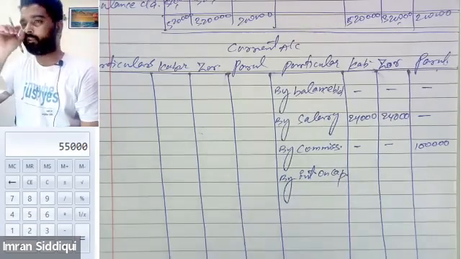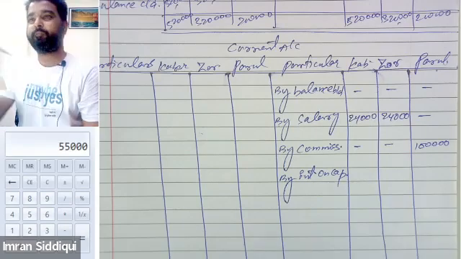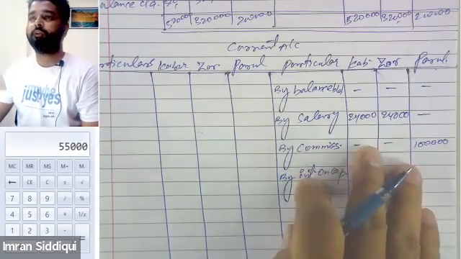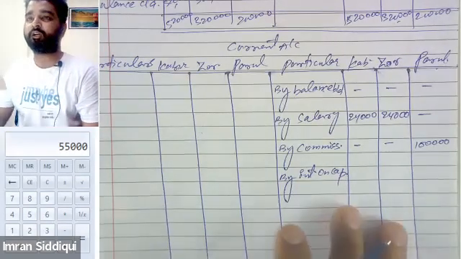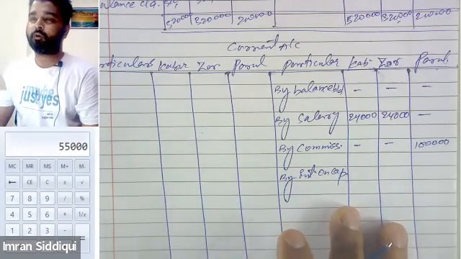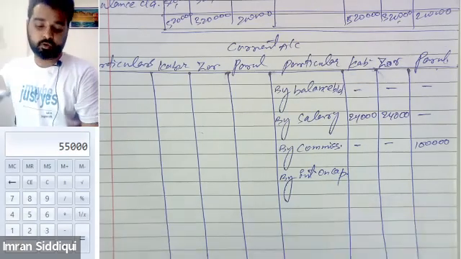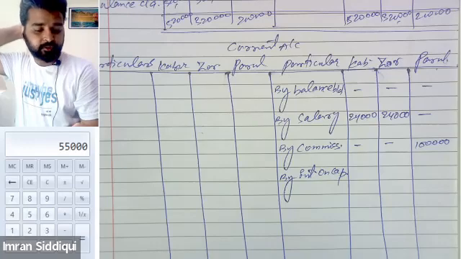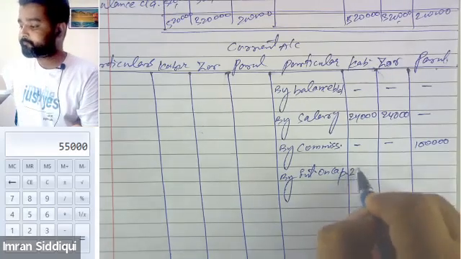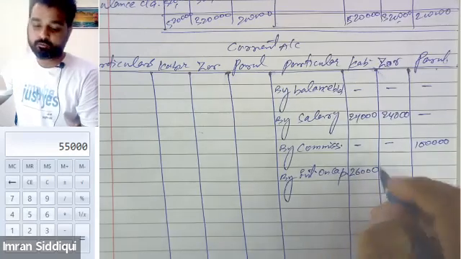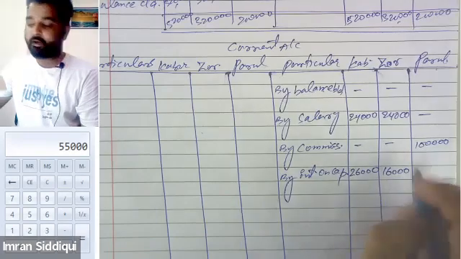Everything on the debit side of the P&L appropriation that belongs to the partner will be recorded in the current account as well. But make sure it belongs to the partner. Interest on capital for Kabir is 26,000, for Zoravar it is 16,000, and for Parul it is 10,000.